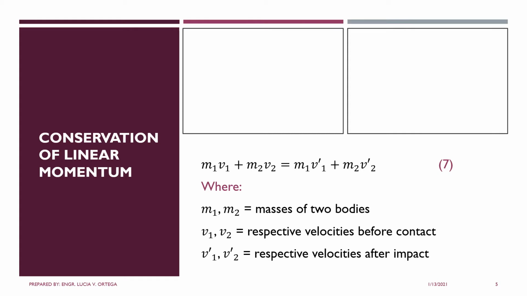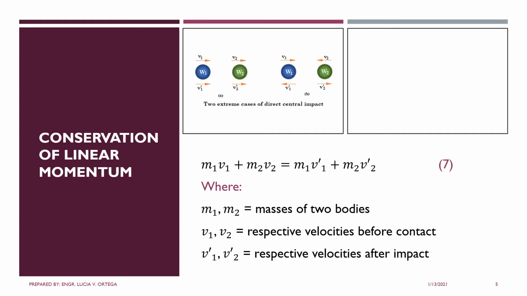These two masses may be moving in the same direction or in opposite directions, so v1 and v2 are the velocities before impact or before contact. After contact, there will be other values of velocity, v1 prime and v2 prime. So the right side of the equation will be m1 v1 prime plus m2 v2 prime, where v1 prime and v2 prime are the respective velocities after impact.